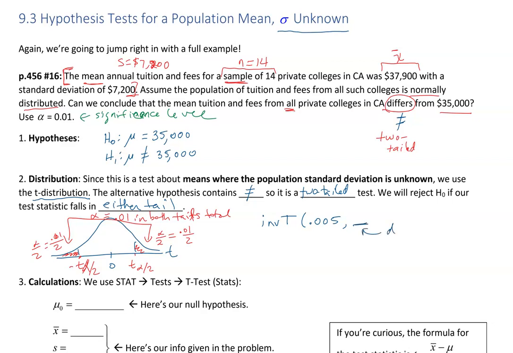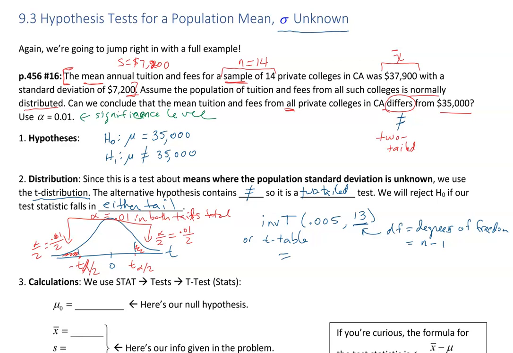That second number is the degrees of freedom, and that is n minus 1. Our sample size was 14, so we're going to put a 13 in there. If you use the t-table, you have a choice of looking up 0.01 in two tails or 0.005 in one tail.